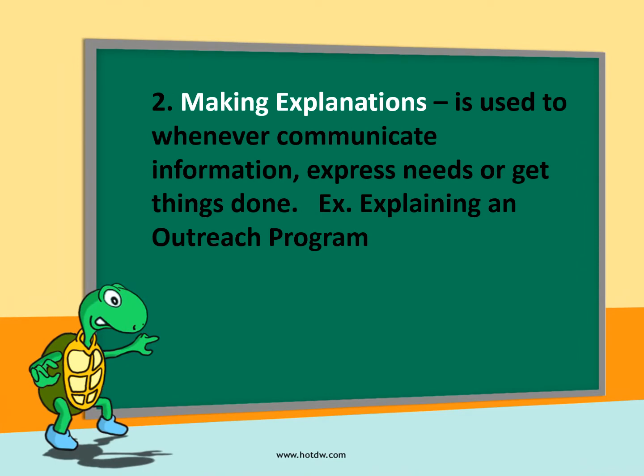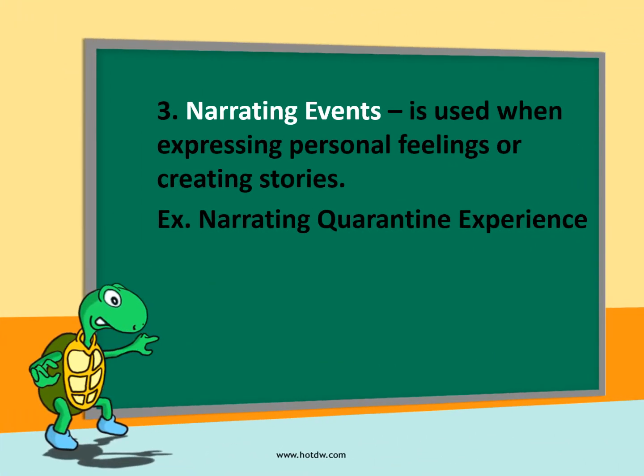Making explanations is used whenever you communicate information, express needs, or get things done. Example, explaining an outreach program. Number 3. Narrating events is used when expressing personal feelings or creating stories. Example, narrating a quarantine experience.